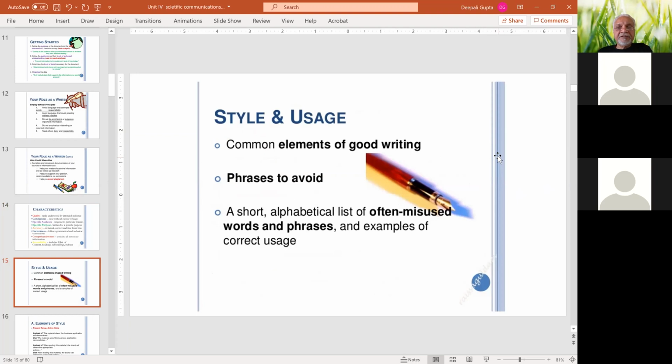In this, I will just take some examples of style in good writing. Basically, some phrases should be avoided in technical or scientific writing, and I will give you an alphabetic list of misused words and phrases, or the correct usage.